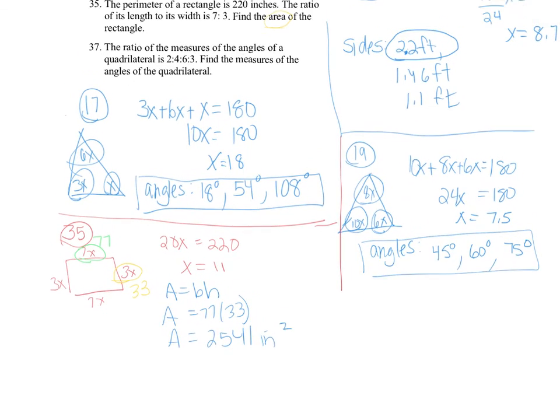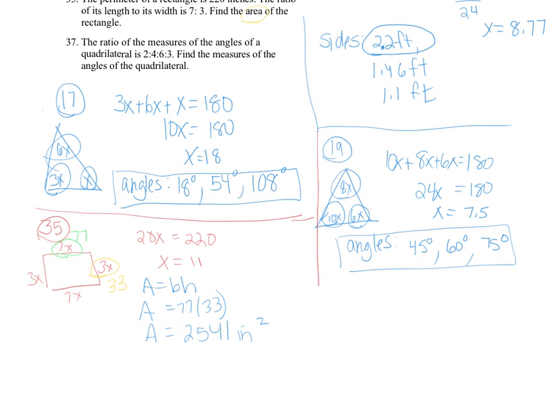Okay, so our last one here, number 37. The ratio of the measures of the angles of a quadrilateral is 2 to 4 to 6 to 3. Find the measures of the angles of the quadrilateral. What we should know by now is that what we're actually finding is 2x plus 4x plus 6x plus 3x.